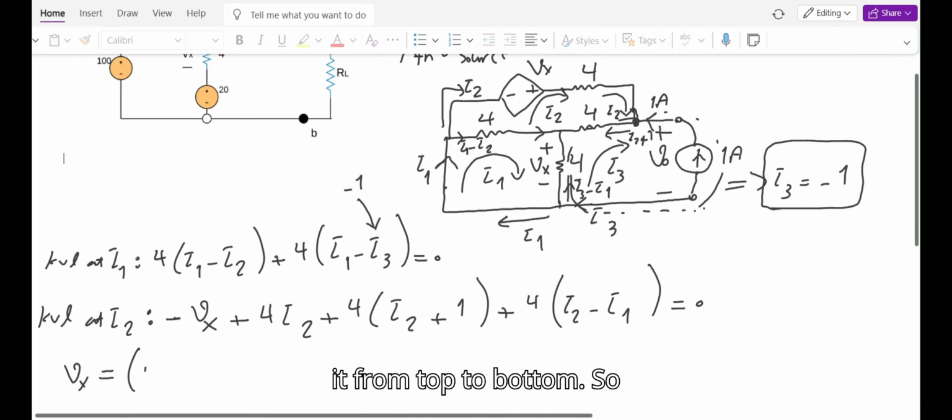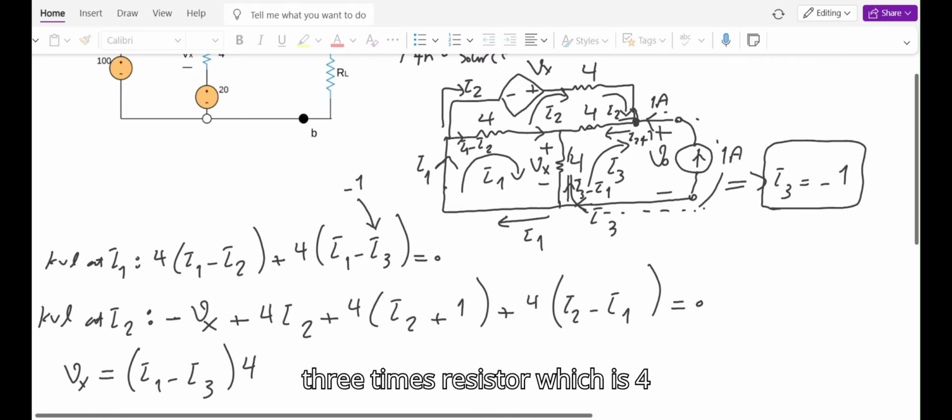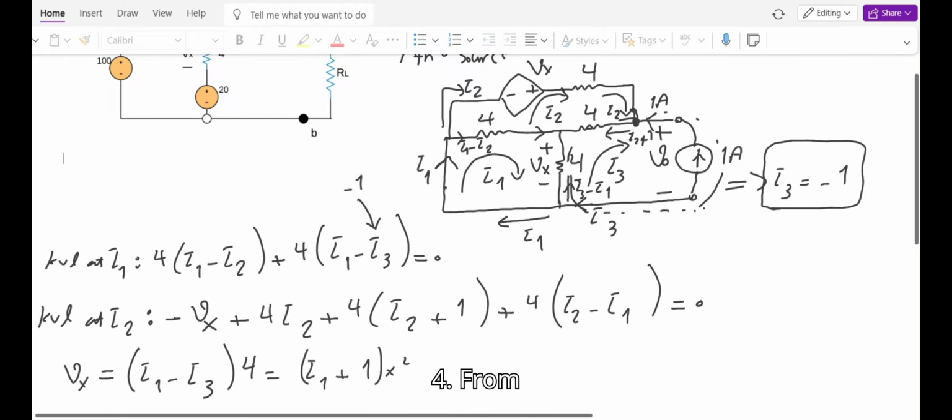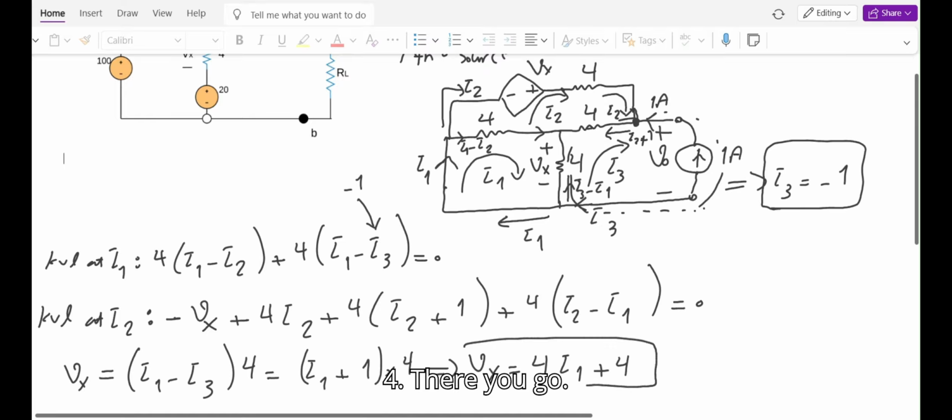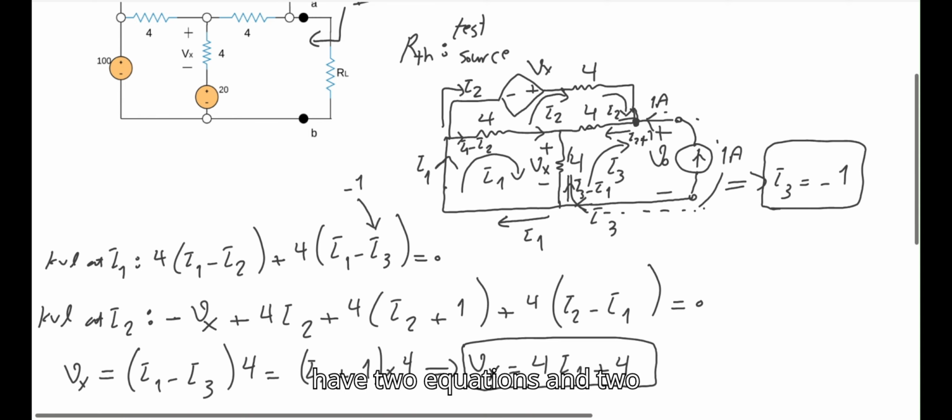That becomes I1 minus I3 times the resistor, which is 4. And what is I3? I3 is -1. So I1 minus -1 becomes +1, times 4. From here, Vx is 4 times I1 plus 4. There you go. Now I can rewrite these equations so that I would have 2 equations and 2 unknowns.